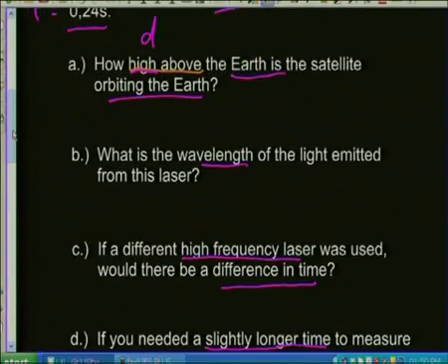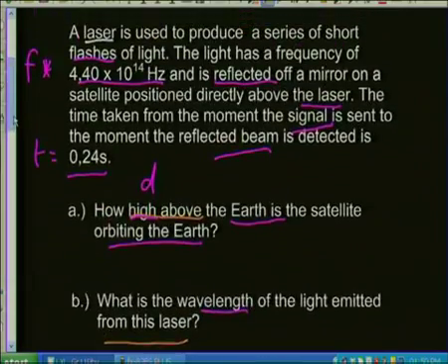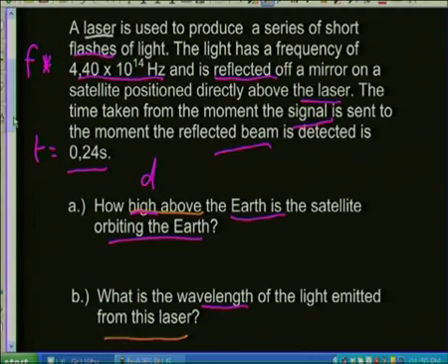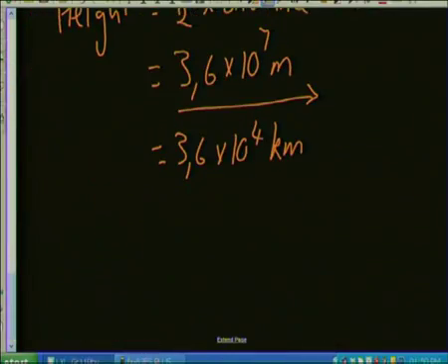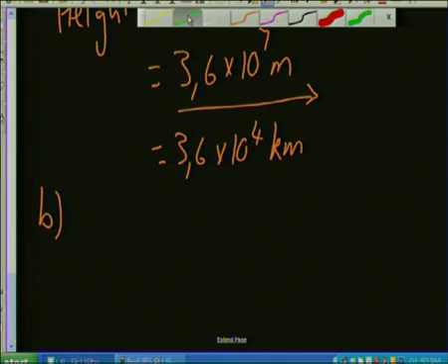Let's move on. Now, the next question says, what is the wavelength of the light emitted? Now, wavelength, we're going to need to use this information, 4.04 times 10 to the 14 hertz. So we want to get wavelength. Now remember, for number B, let's write down our original formula.